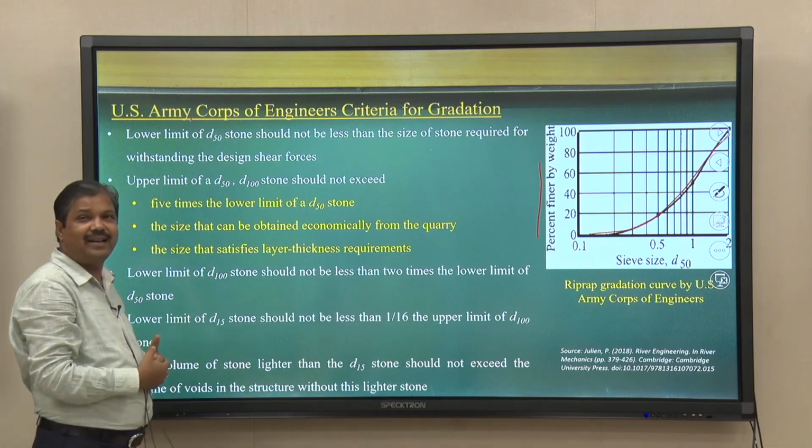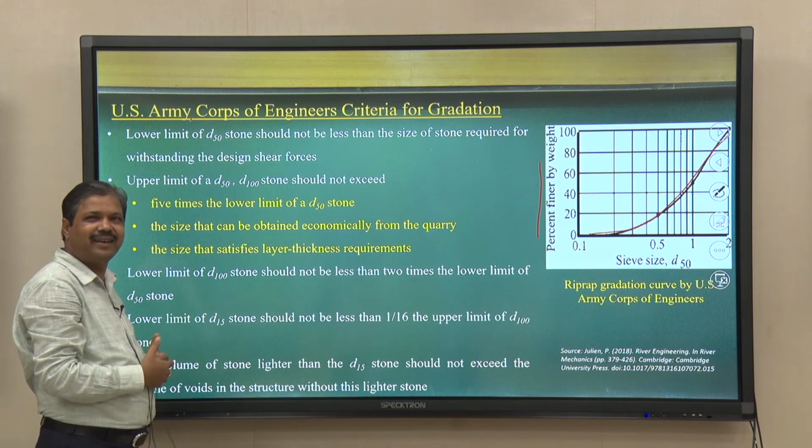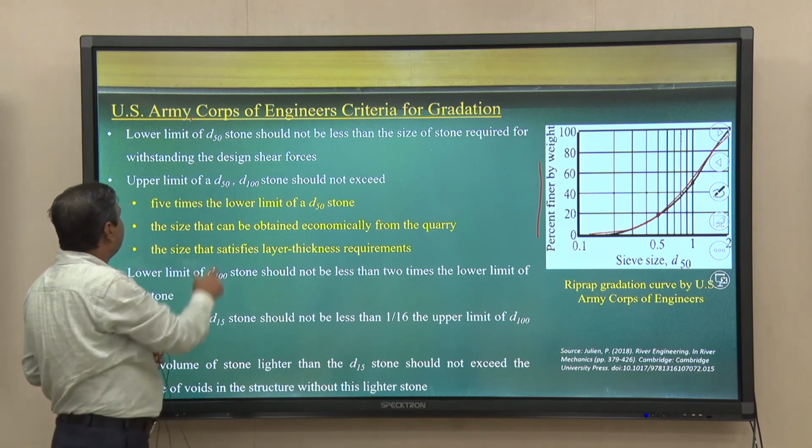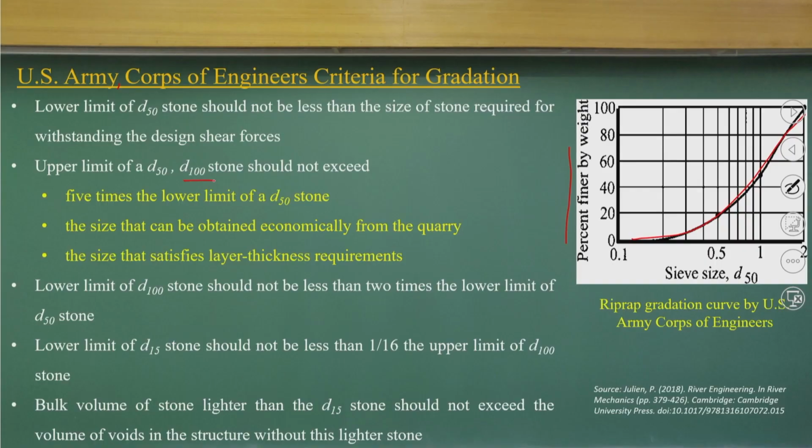It is a very interesting thing. These are all their field experiments. They say that the upper D100 should not exceed 5 times the lower limit of D50 size that can be obtained economically from the quarries, because stones of every different size cannot be obtained.